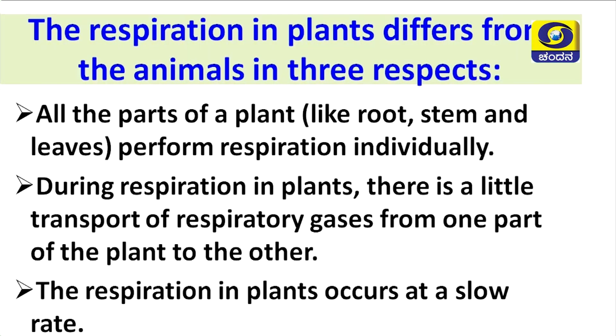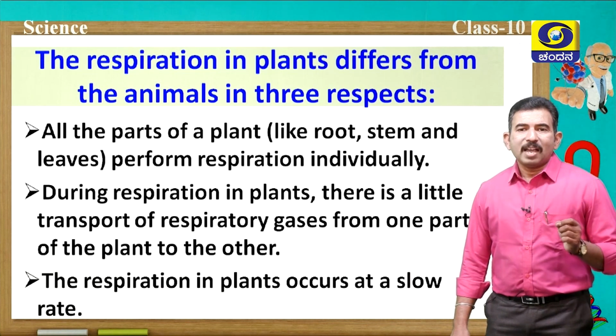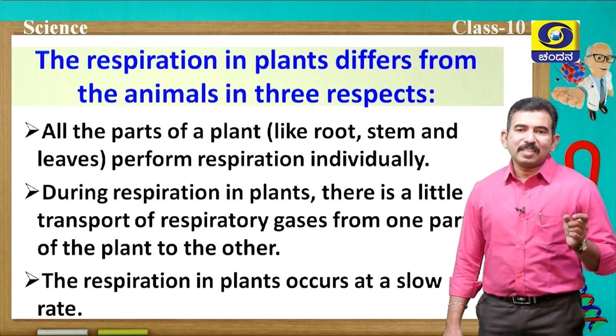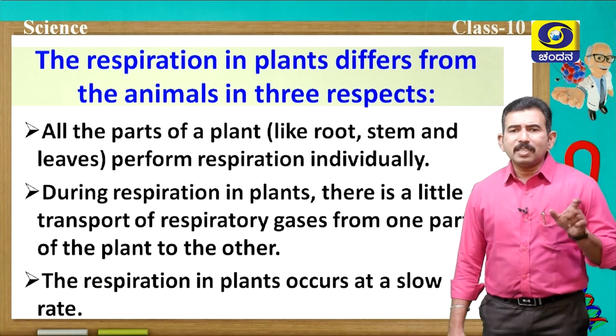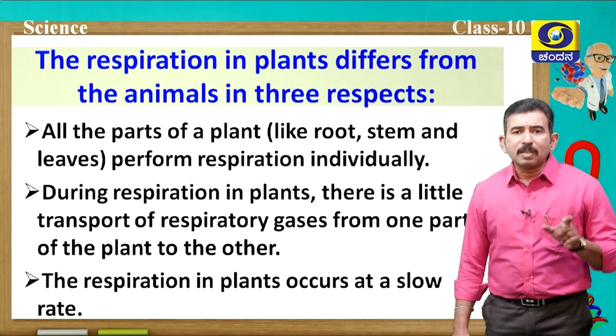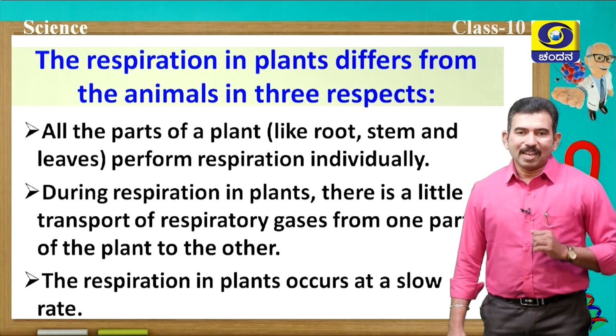During respiration in plants, there is little transport of respiratory gases from one part of the plant to another part. And the rate of respiration is very slow when compared to animals. These are the main three differences between the respiration in plants and in animals.